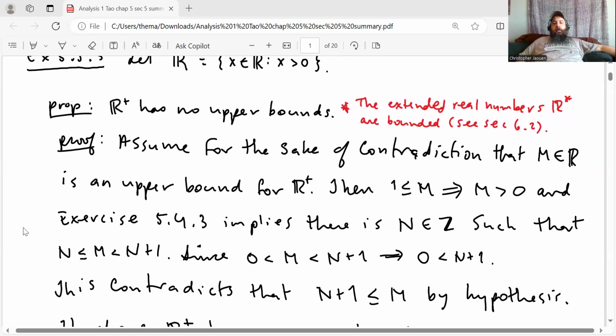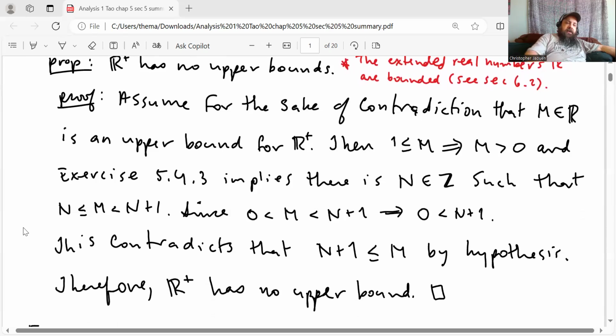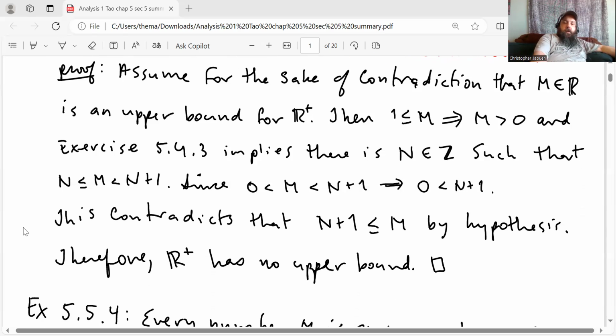Exercise 5.4.3 implies that there is a natural number capital N such that N is less than or equal to M, which is less than N plus 1. Since 0 is less than M, which is less than N plus 1, that implies that 0 is less than N plus 1. This contradicts that N plus 1 is less than or equal to M by hypothesis. That's our contradiction, right? So that means that R plus has no upper bounds.